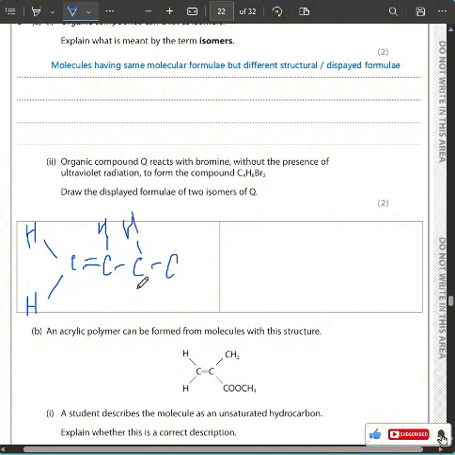Two hydrogen atoms here and three right there.